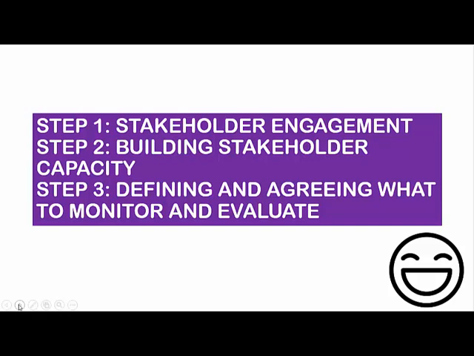So the next stage is to build stakeholder capacity. And the only way to do this is to hold a meeting, okay? Because it won't be cost effective for you to go at different points in time, at different places. Information won't be consumed at the same time. So you have to bring them together.